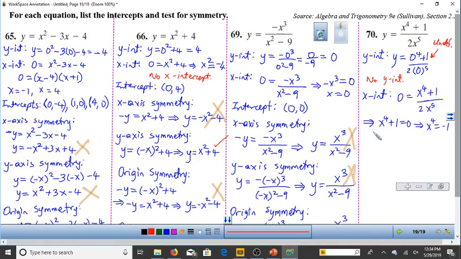So there's also no x-intercept. So this graph has no x or y intercepts. I'm going to leave it to you to figure out whether it has x-axis symmetry, y-axis symmetry, origin symmetry, or none of the above.